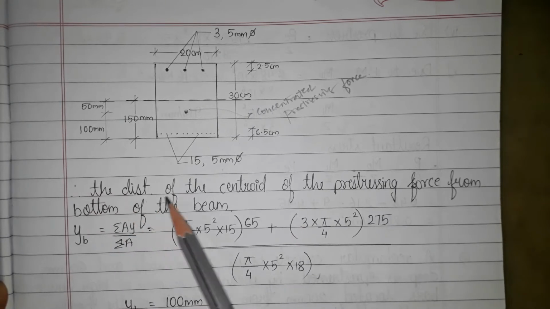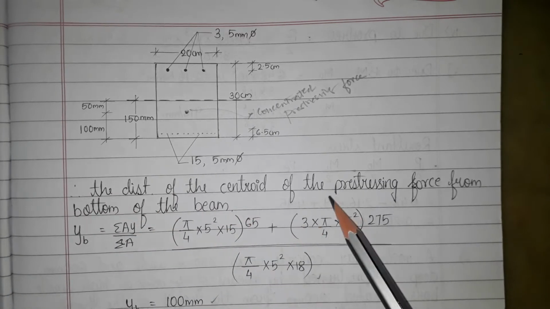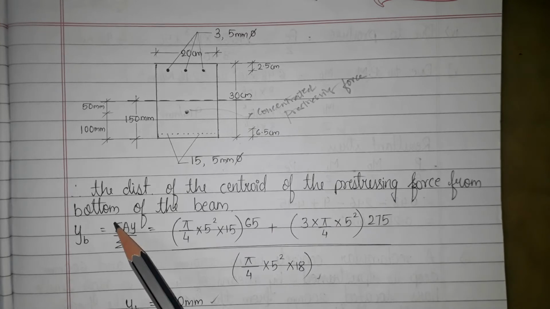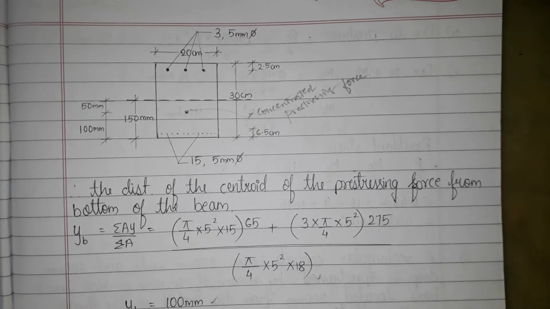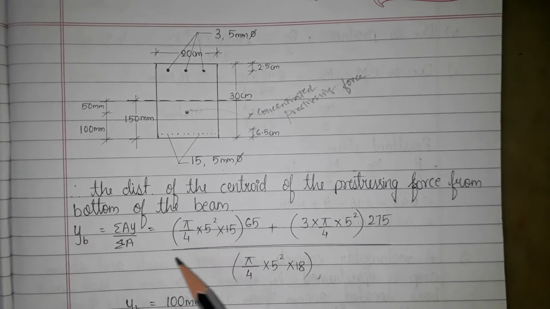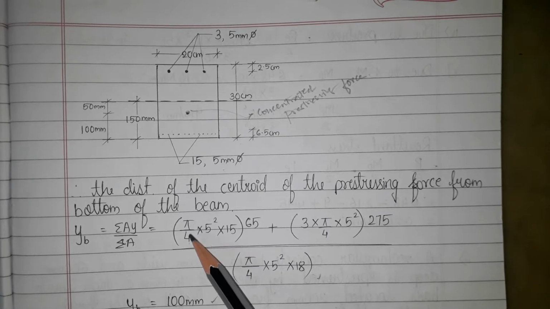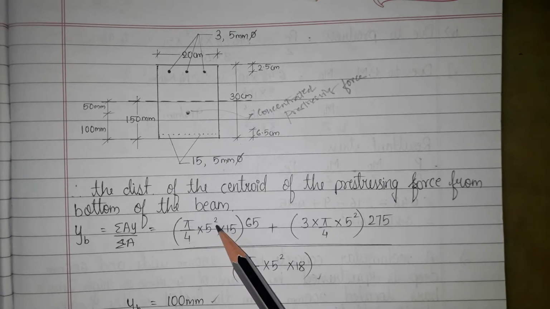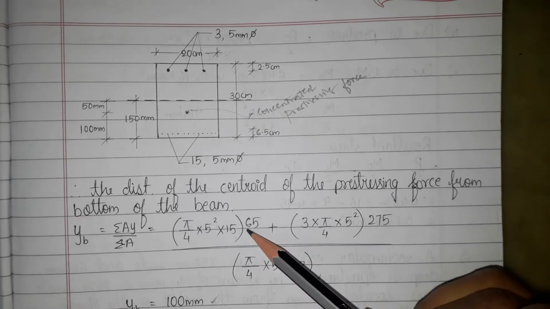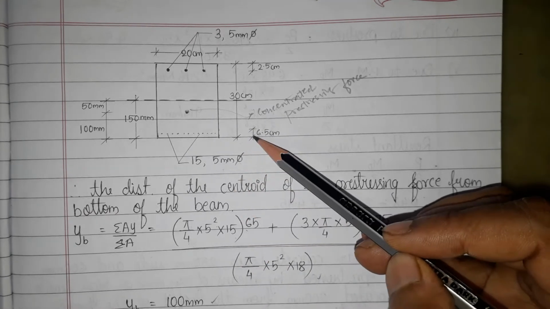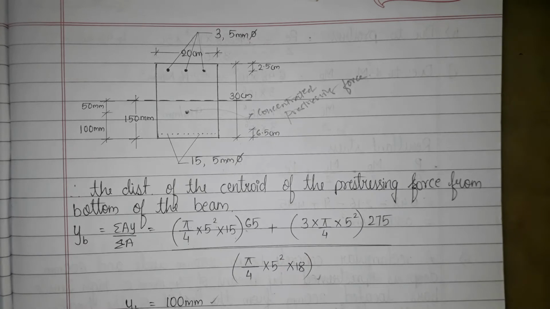Therefore the distance of the centroid of the prestressing force from the bottom of the beam. Again we have to use the formula A1 Y1 plus A2 Y2 like that. So A into Y: pi by 4, the area of the cable is pi by 4 into 5 square, the diameter of cable is 5, into number of cables 15, and these cables are located at a distance of 65 mm from the bottom. Understood?